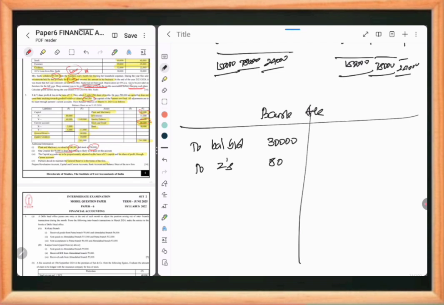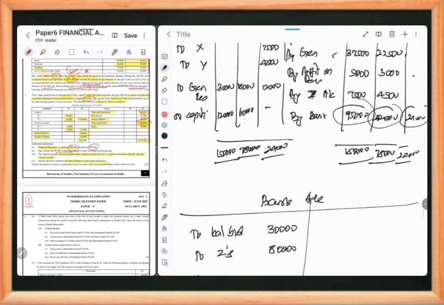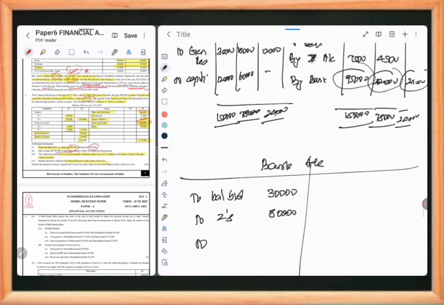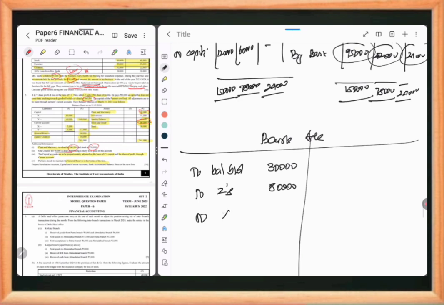Towards capital, 80,000 rupees has been brought in. And then X, how much? 95,000, Y 42,000, Z 24,000. So for current account purpose, X, Y, Z: 95,000, and then 42,000, and then 24,000.